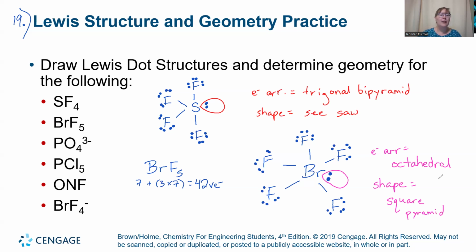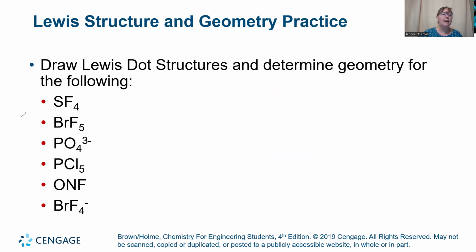Okay. So now moving along, let's take a look at what happens with an ion. So I have 2 ions on here. One is PO4 3 minus. Remember, this is phosphate. Okay. Now let's take a look how we would work this. So phosphorus has 5 valence electrons.